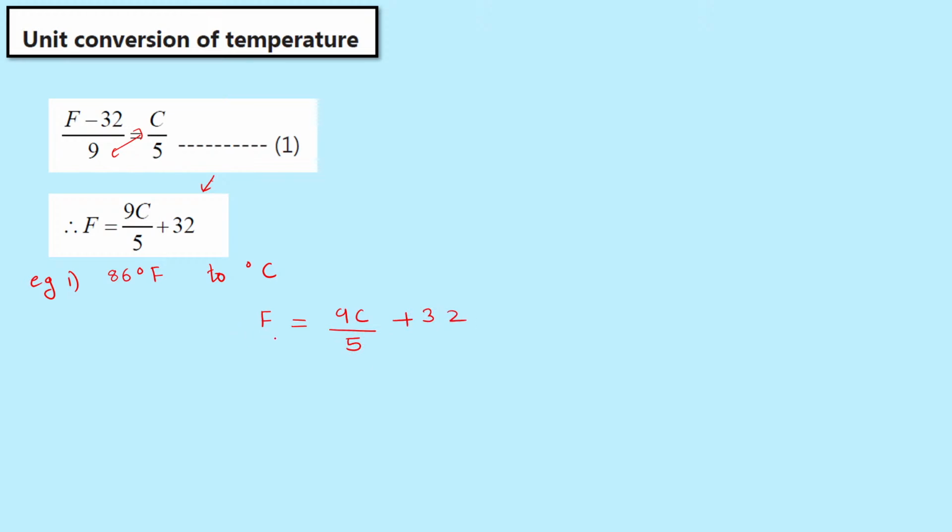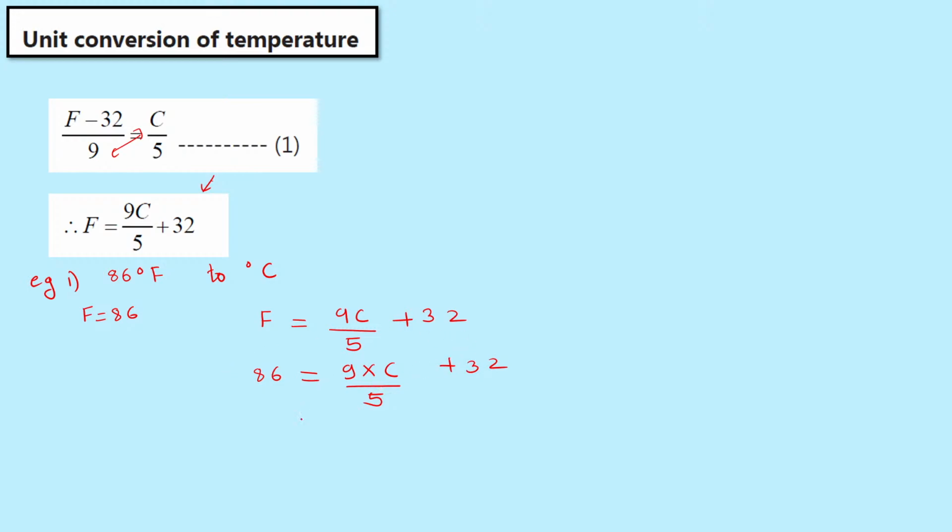I don't know C, but I know F. F is 86. So I will write 86 here, which will be equal to 9 multiplied by C upon 5 plus 32. Now you shift this number to the other side.